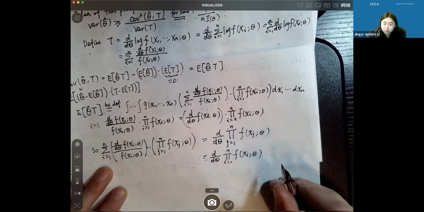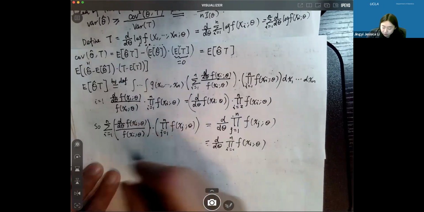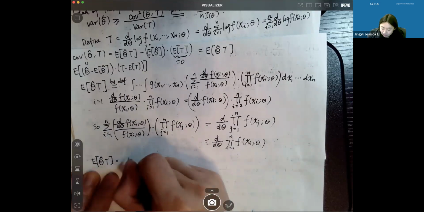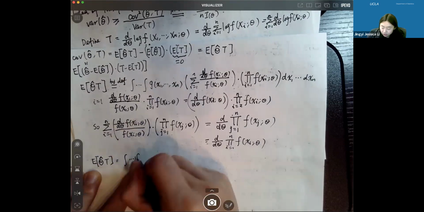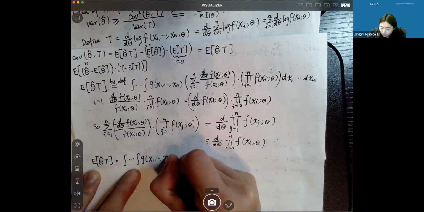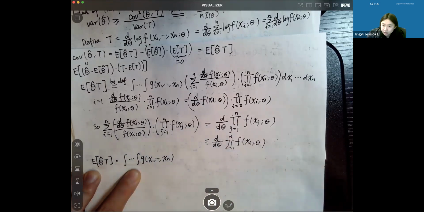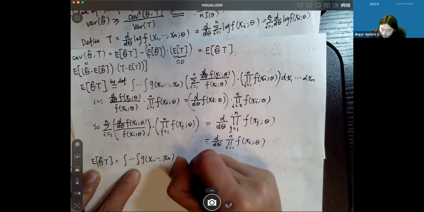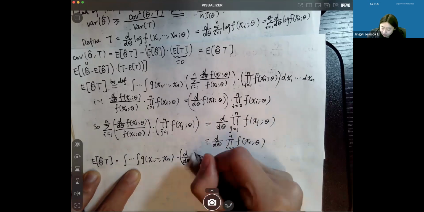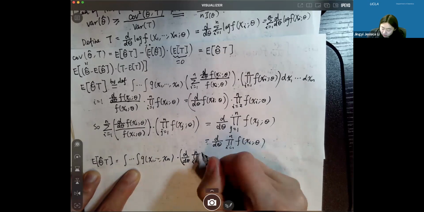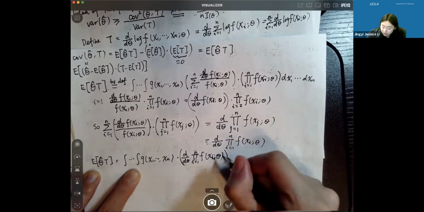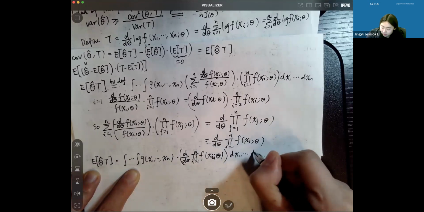So with this, let's go back to the expectation of theta hat times t. You can see the integration over x1 to xn, with my definition of the estimator theta hat, stays. And the second, third term becomes just d theta of the product, the joint density of x1 to xn, f(xi; theta), dx1 dxn.